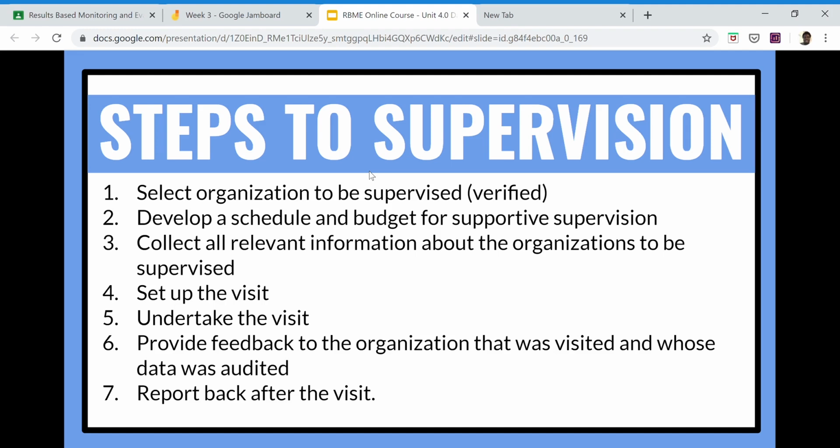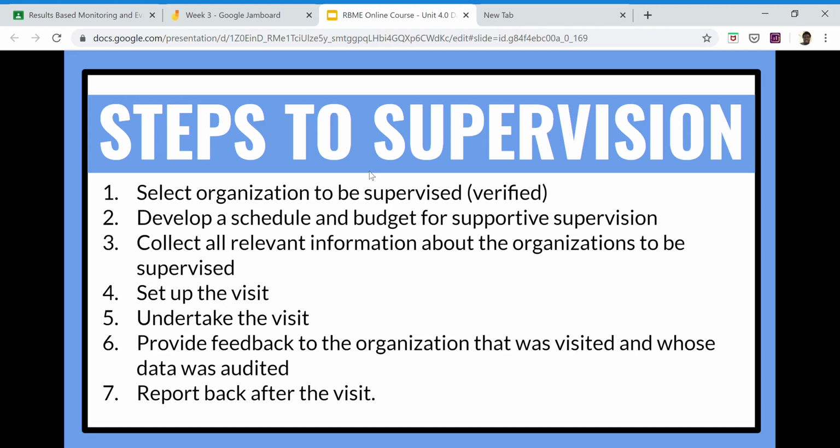Then you set up a visit by scheduling, having an appointment, and also letting the organization know why you're visiting, and also if there will be an outcome of such. Then you think about the main visit as well, which is like a meeting, just to meet with the organization and tell them why the visit is, and if you're going to do a follow-up.